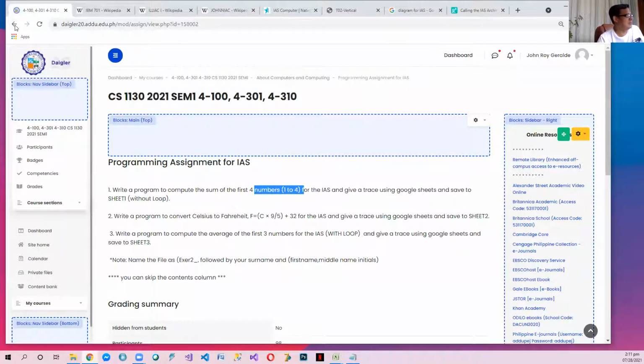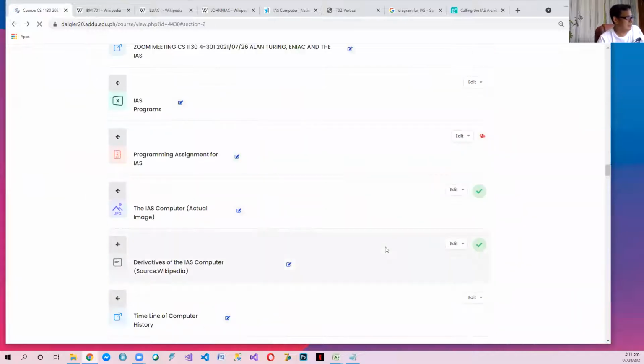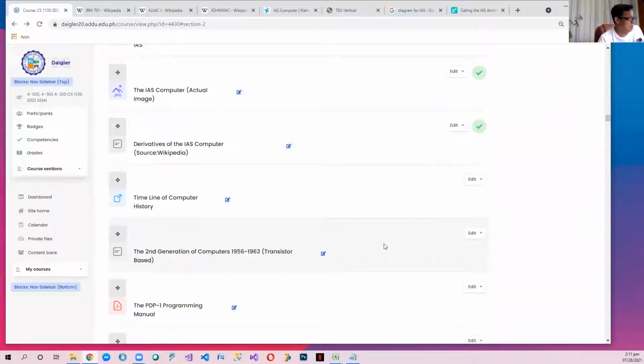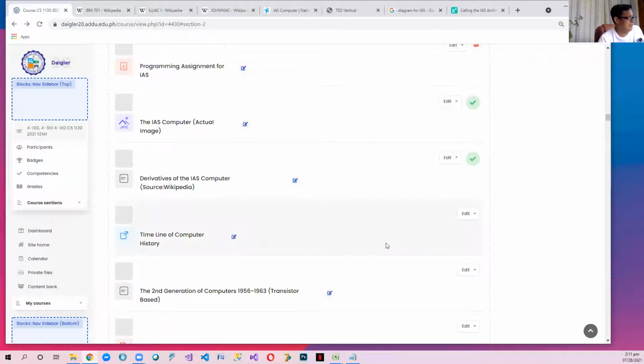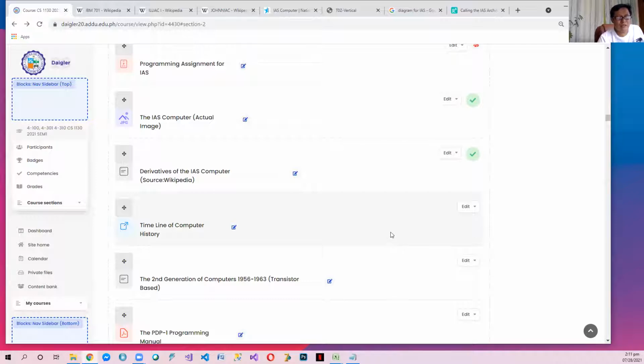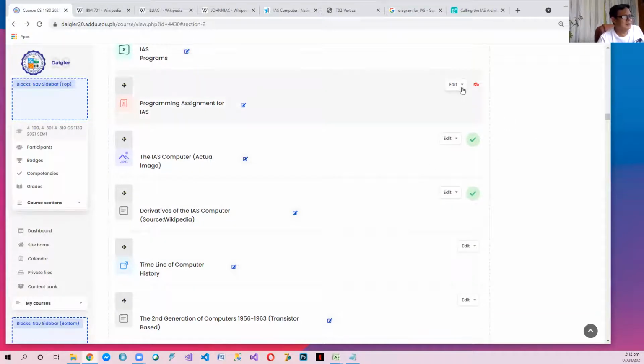Okay, let me edit this. In the past, we were using Google Sheets because they can directly be edited. But this time, all Ateneo students will have Office 365. Do you follow?